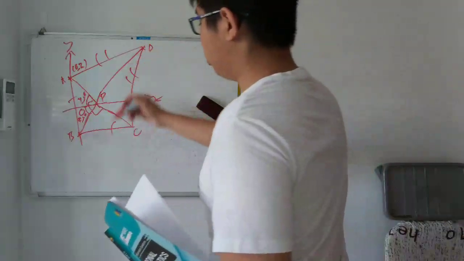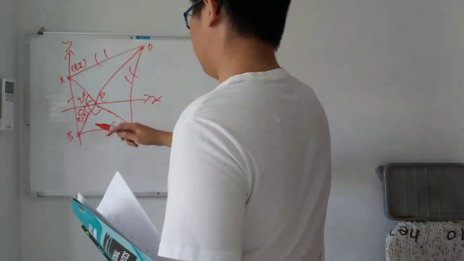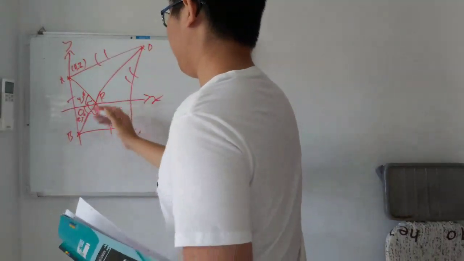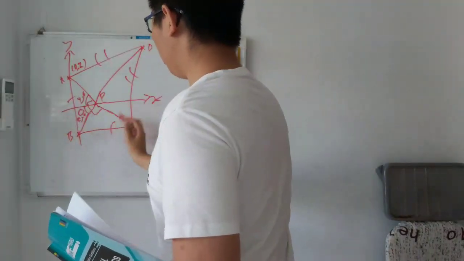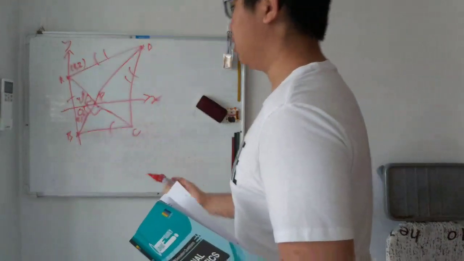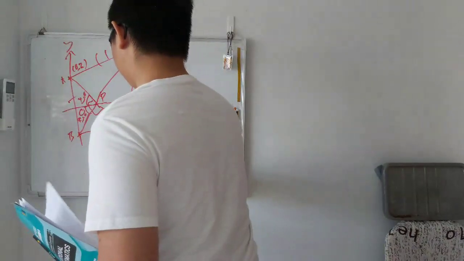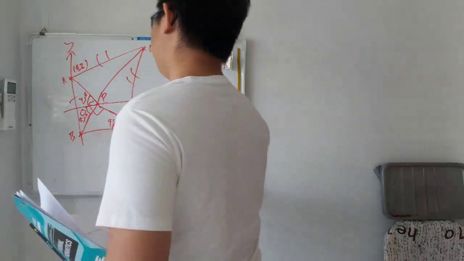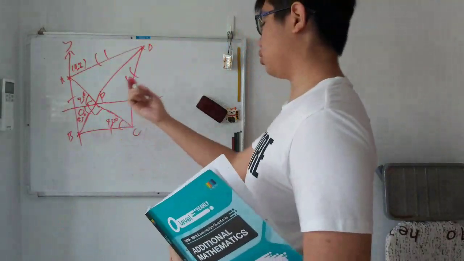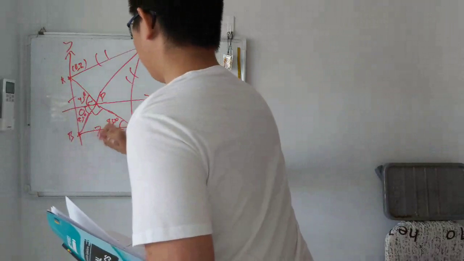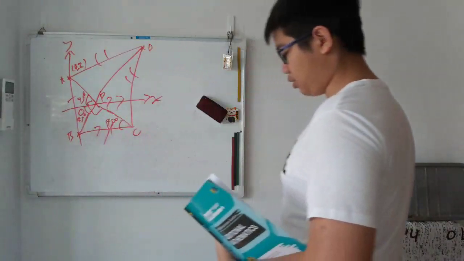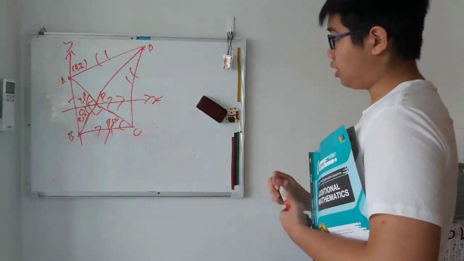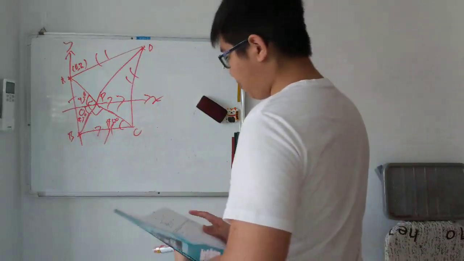So that means that these two triangles are similar, AOP and ABC, which means that this is also 45 degrees. And by the converse of corresponding angles, this is parallel. That's just 2 marks though, so I won't be writing too much detail, but you get it, right?